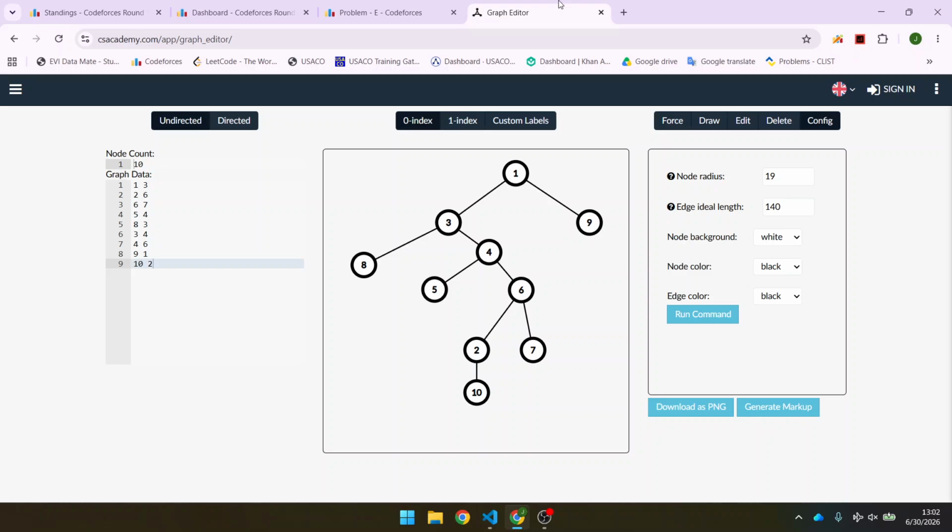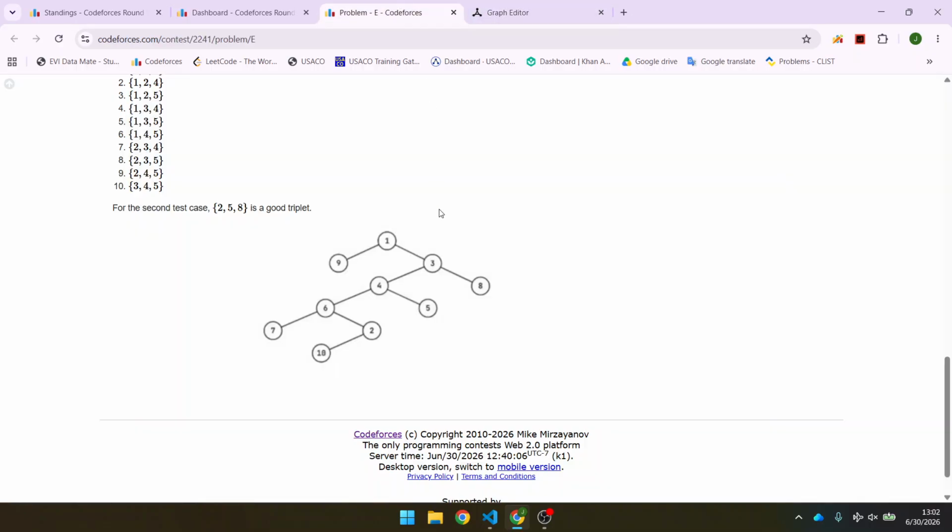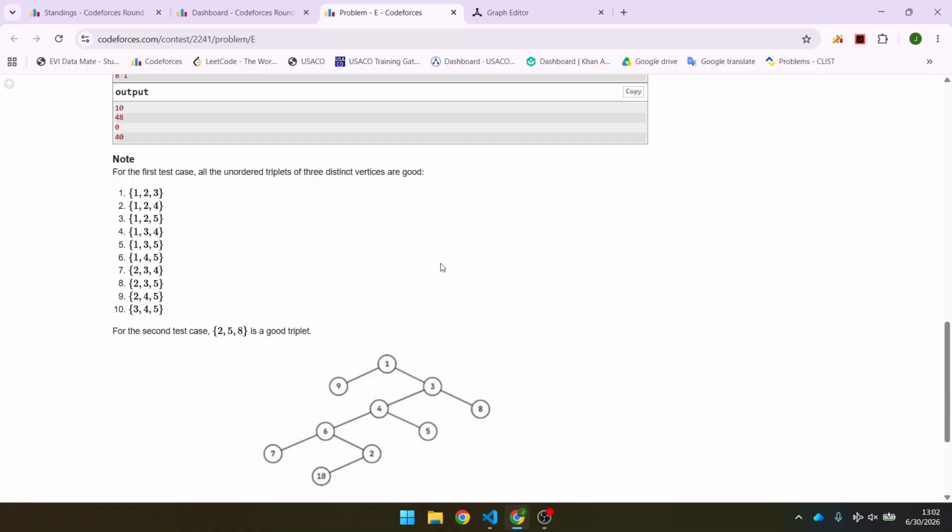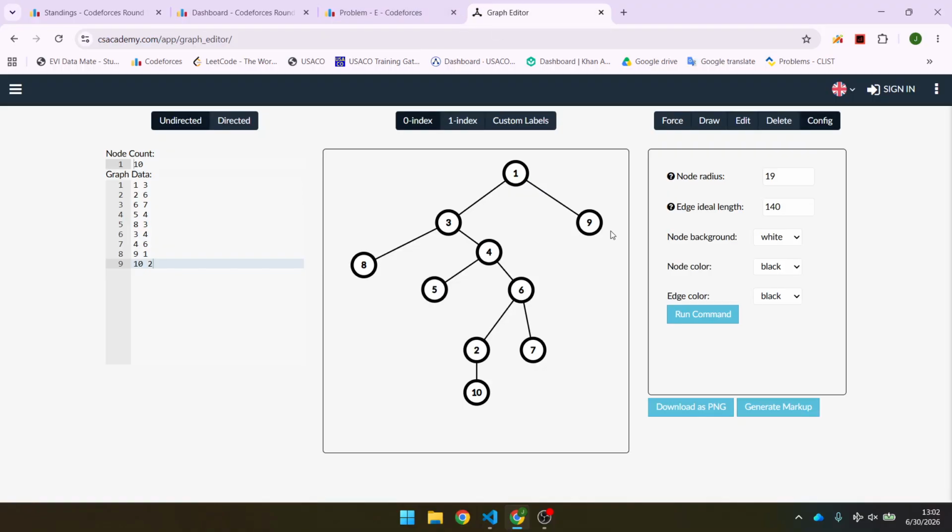2, 3, 4. So for 9, we can go 1 down here, 1 down here.